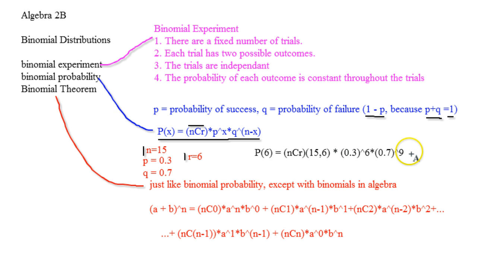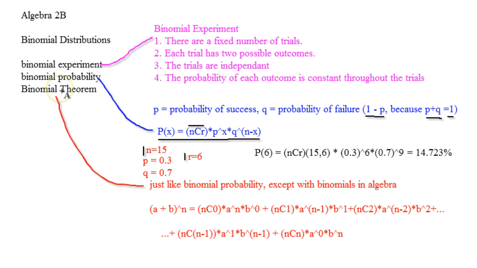Okay. And the chance of him getting 6 hits in the next 15 at-bats is 14.723%. It's really kind of cool how you can do that.